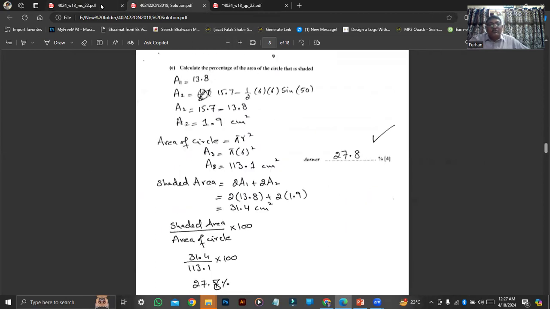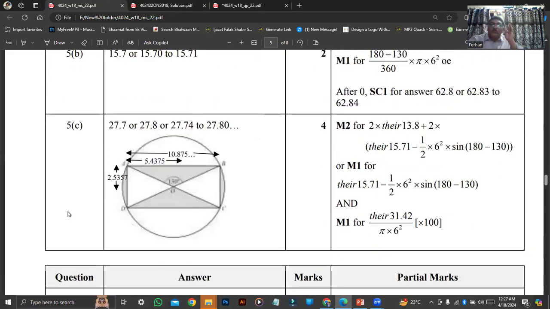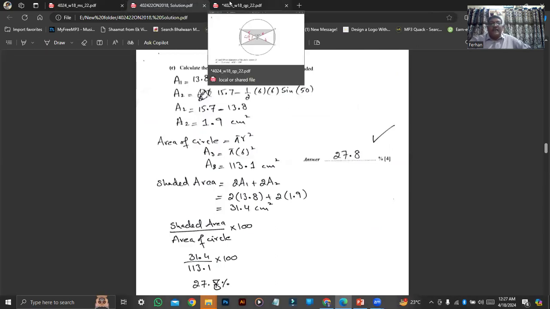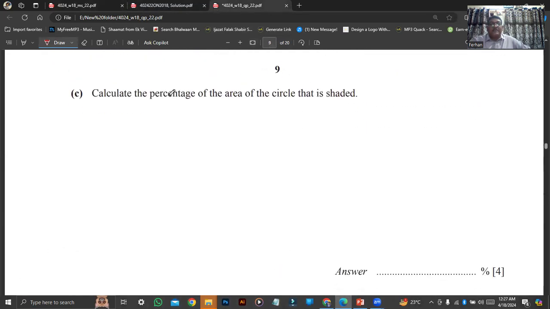The whole solution is showing up on your screen. And here we have the solution, 27.7% is the right answer, sir. This is the solution basically. Hopefully you understand. So we are going to the next part and we are done with this.